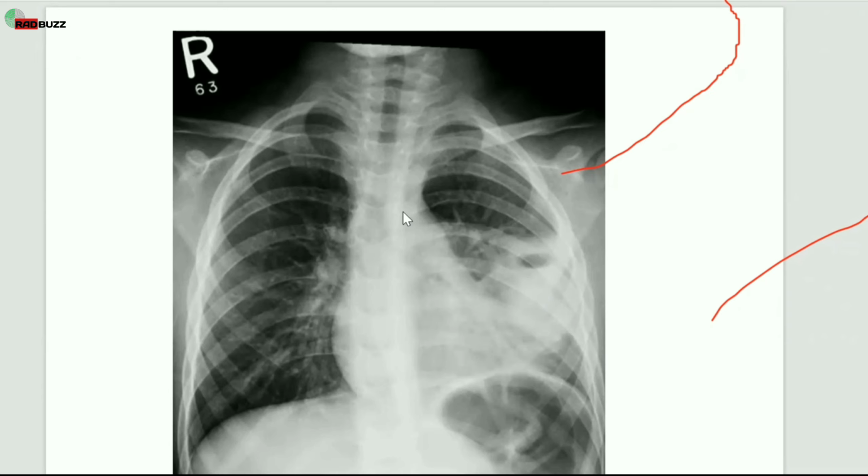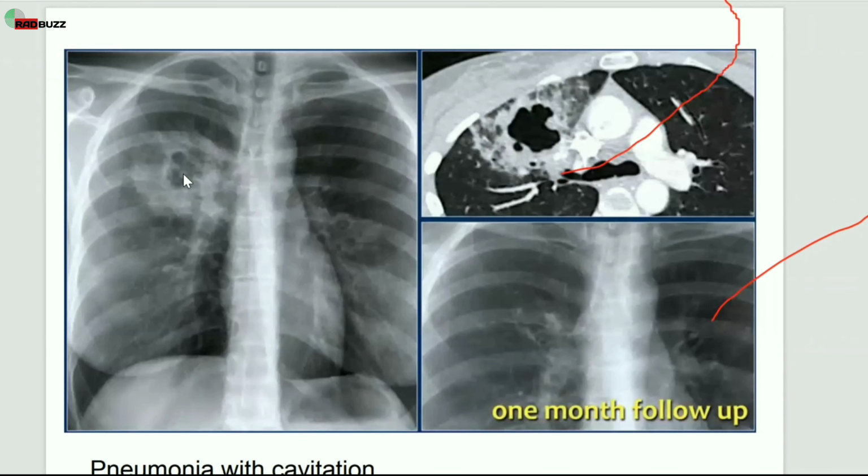This is also an abscess. This is like a resolving abscess with cavitation. There can be turbid cavitation within the center or at the periphery. They may get communication with the airways and bronchial tree. And after 1 month follow-up, we can see this completely resolved after antibiotic therapy.